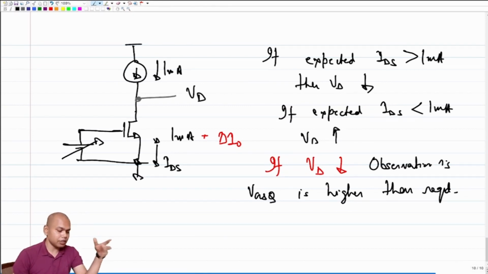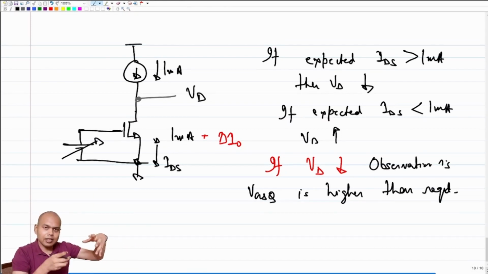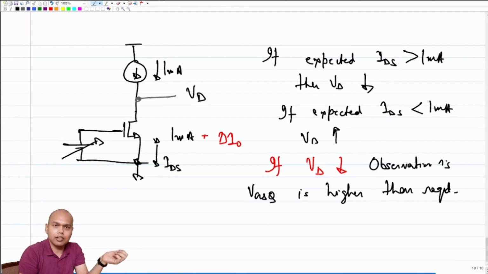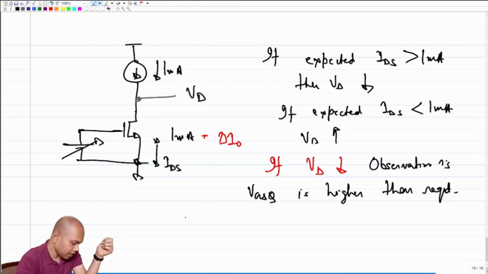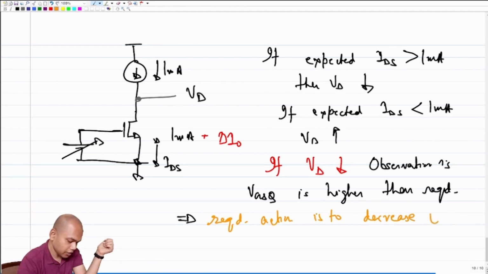It is only because VGSQ is higher than required that the current the transistor is expecting to pull out is higher, and because the current source is limiting the current, your VD, as a consequence, is dropping, right? So what is the action? The required action is to decrease VGSQ.